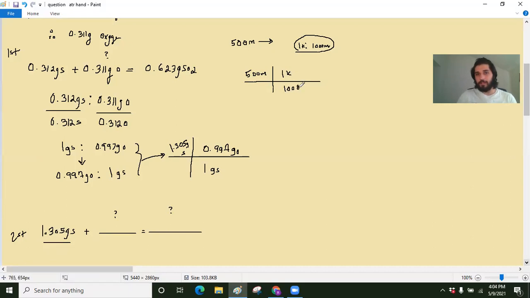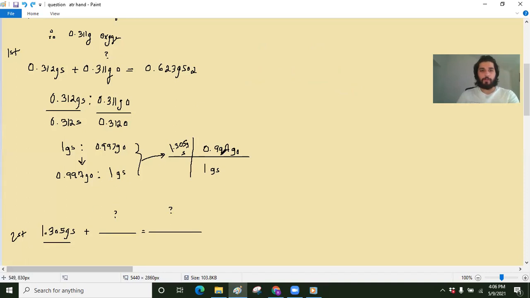So you would multiply by 1 and divide by 1,000. So you'd have 500 over 1,000, and you'd essentially get 1 over 2, which is 0.5. So that's essentially the same approach that we're using in this case.